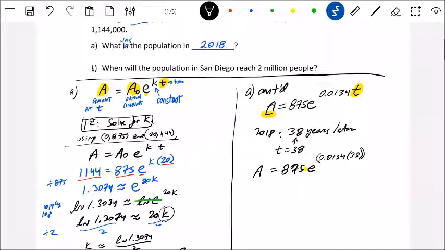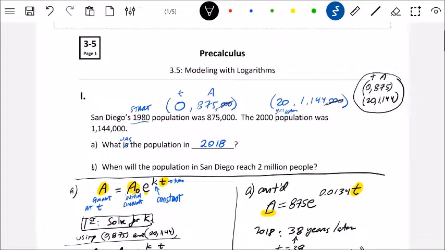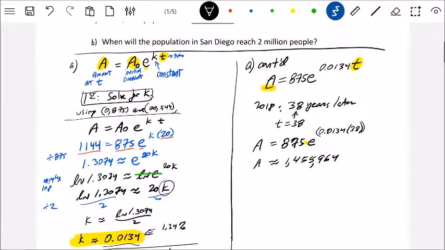And you're going to get now, A is approximately 1455.964, and you get a decimal in here, but because of the thousands that we took out before, we now have to put them back in, which just means move the decimal 3 places. And that many people in 2018. There we are.